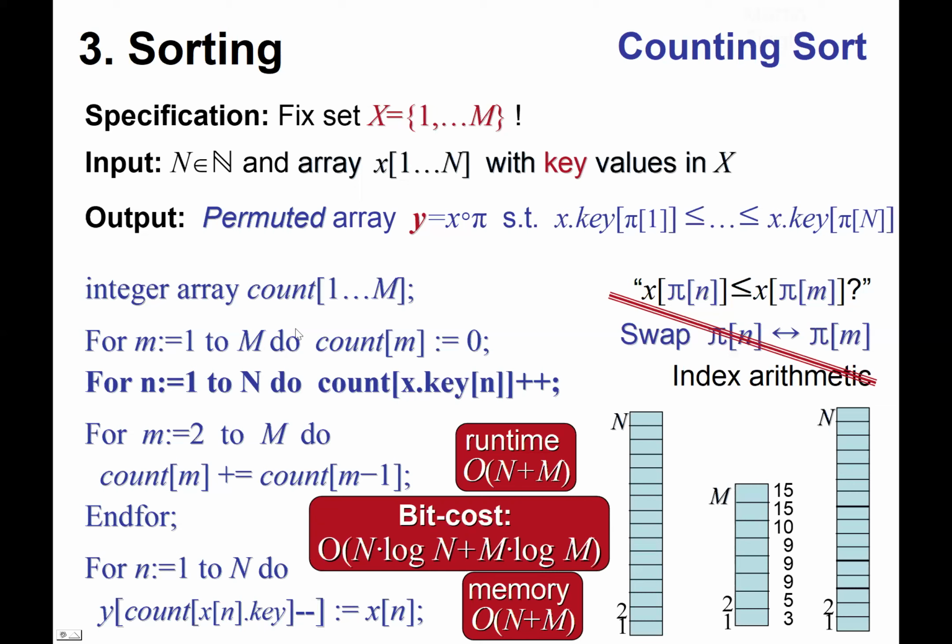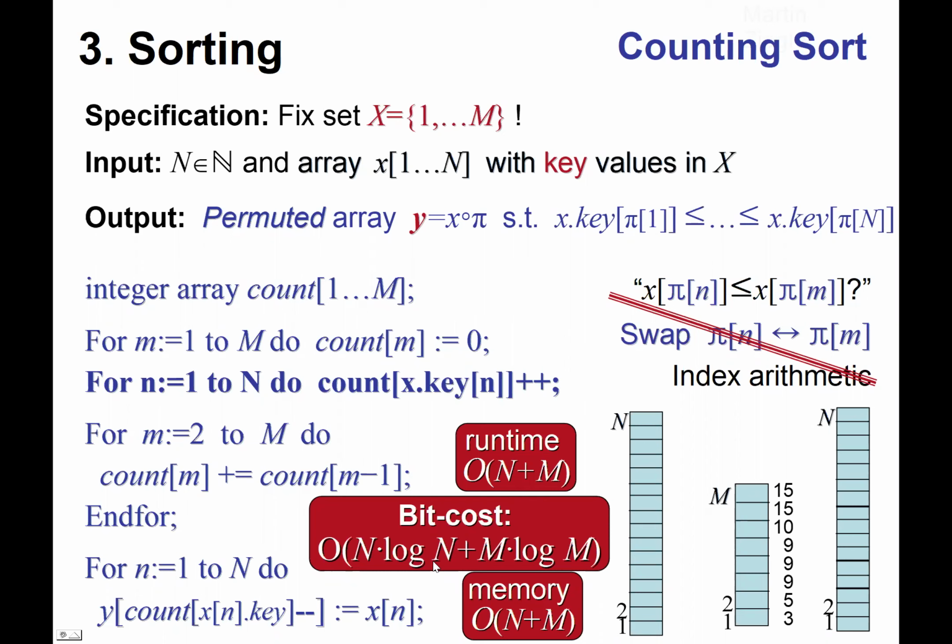Basically, the bit cost comes from multiplying each operation with the length of the number of bits used in the operation. So, for example, if the integers range from 1 to m, then that means we have log m bits for each integer. So each operation is multiplied with log m. And similarly, when we talk about integers in the range from 1 to n, then each such integer has log n bits, and we need to multiply everything with log n.